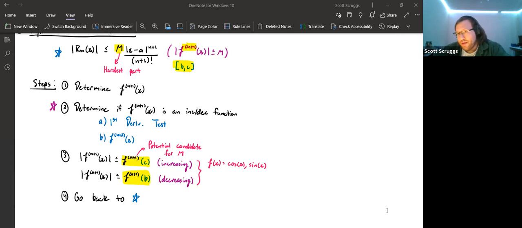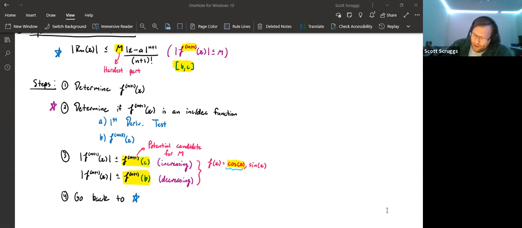And the reason I want to put these two on the side is because if I take, say, the derivative of cosine, I'm going to get negative sine. And one thing y'all saw in Cal 1 is that no matter how many derivatives I take of either cosine or sine, I'm always going to bounce back and forth between the sine and cosine. I might be off by a negative sign, but I'm going to be bouncing off from them.